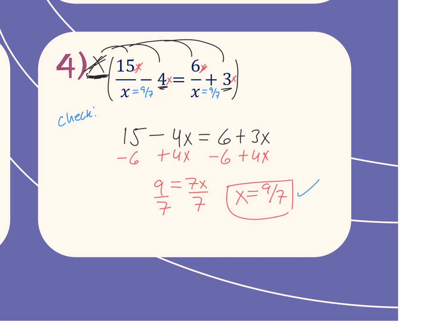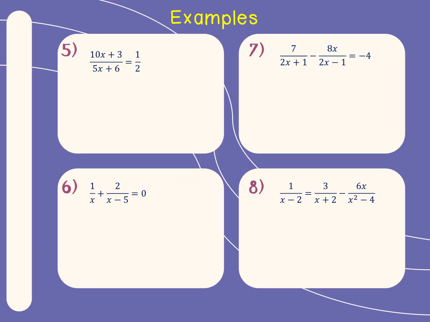So you might be thinking, well, the only thing that would make this 0 is if x was 0. That doesn't always mean that if you get 0 as an answer, it is a no solution. I think the next one has a solution of 0 that is valid. So we'll get to some later on that have no solution, and then hopefully you'll see the difference.